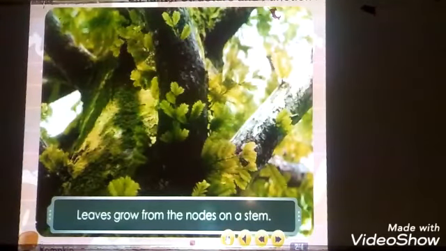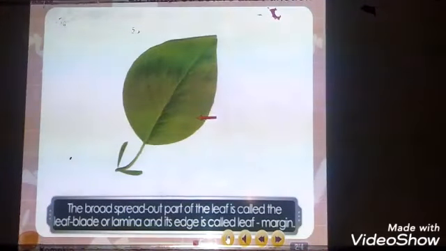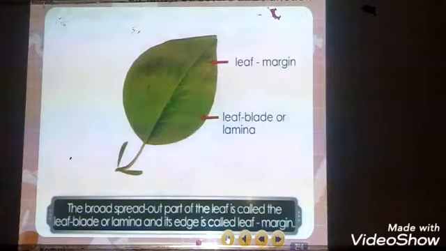Leaves. A leaf grows from the nodes on a stem. Leaves are generally thin, flat and green in color. The broad, spread out part of the leaf is called the leaf blade or lamina and its edge is called the leaf margin.